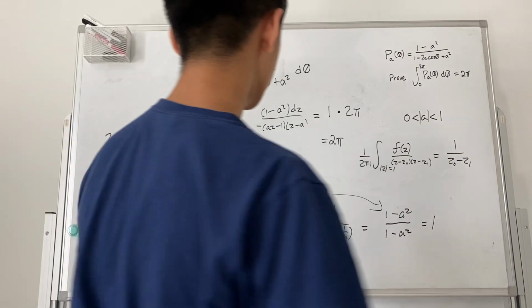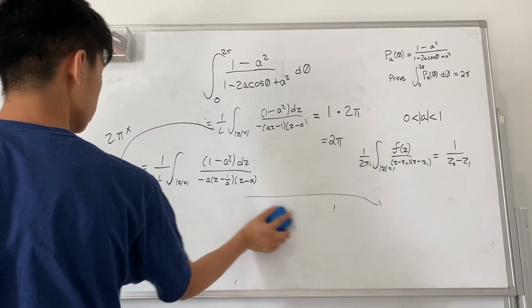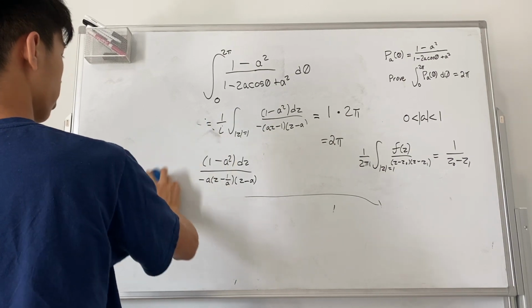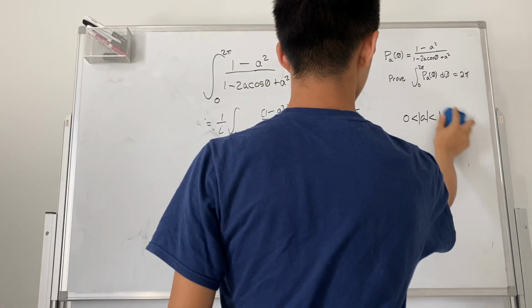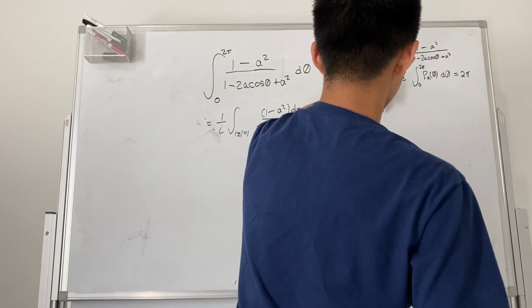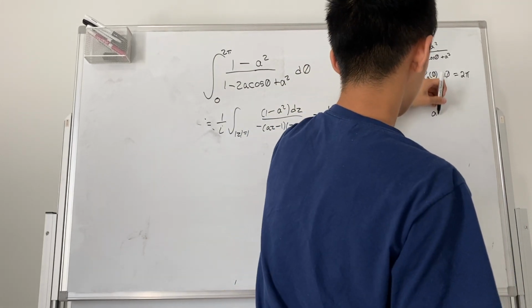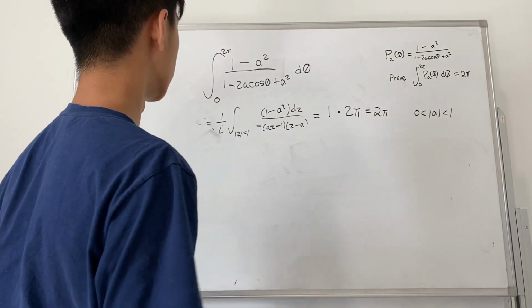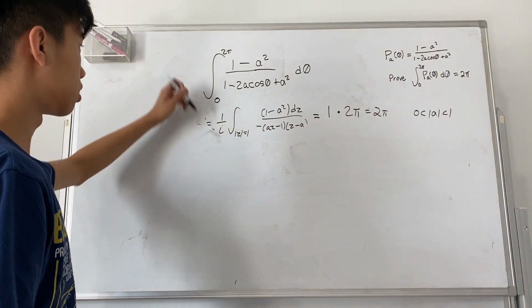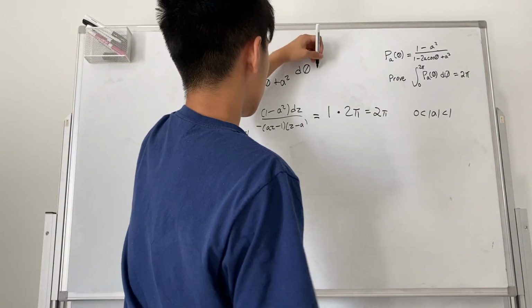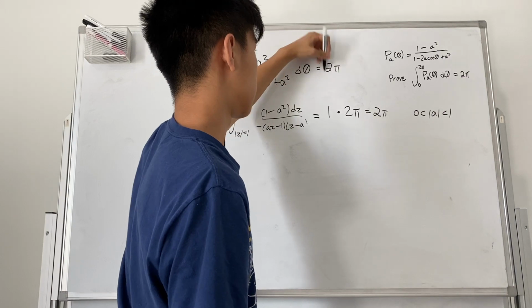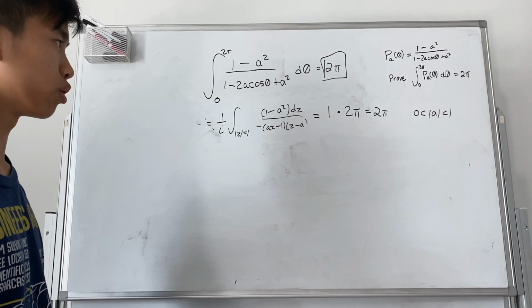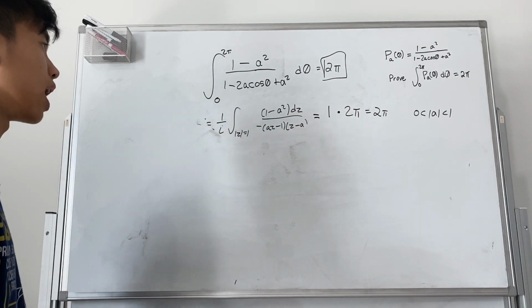So let me erase all of this down here. If you want to see all the work, you should probably pause the video earlier on. So therefore, Poisson's integral is equal to 2 pi. And with all that work that I erased earlier, we have proved that Poisson's kernel integral is 2 pi.